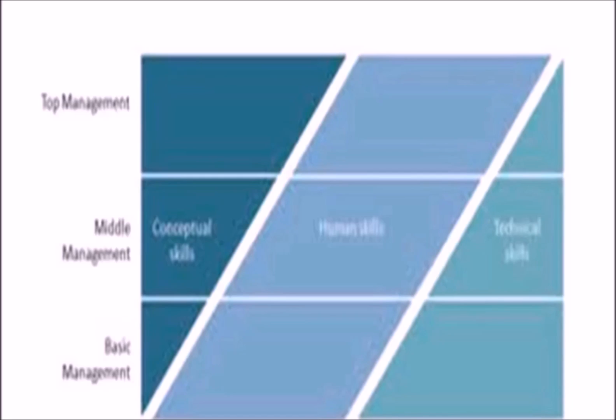But as you see in this diagram, as you go higher, technical skills are less and less required, and this is replaced by the requirement of conceptual skills, because top management have to do more with the strategic decision. Which new products to go, which new technologies to go, which new markets to investigate. These strategic decisions are required by top management, so these are conceptual skills.